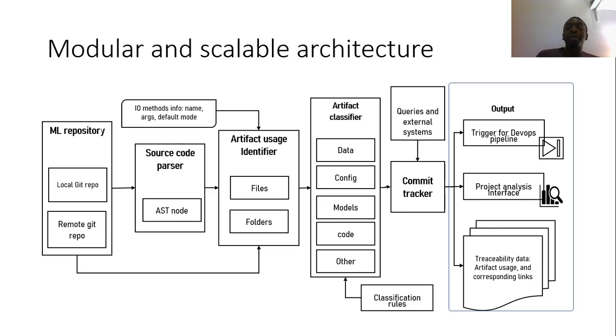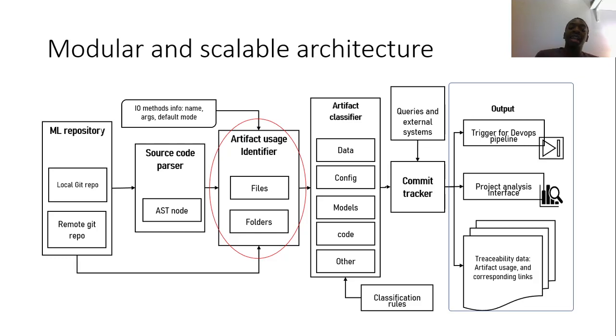It mostly has four main modules: a source code parser that is responsible for parsing the code files into an AST node. And then the artifact usage identifier is going to walk through the node and identify all the different artifacts.